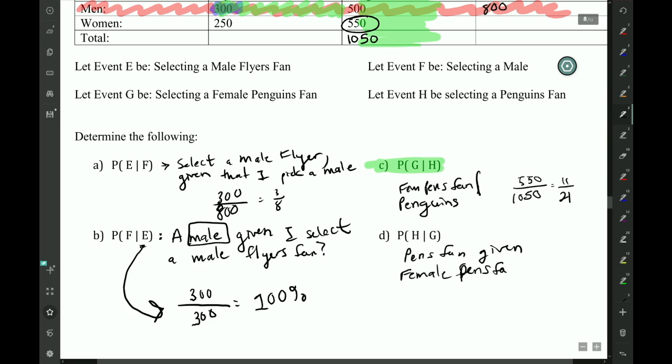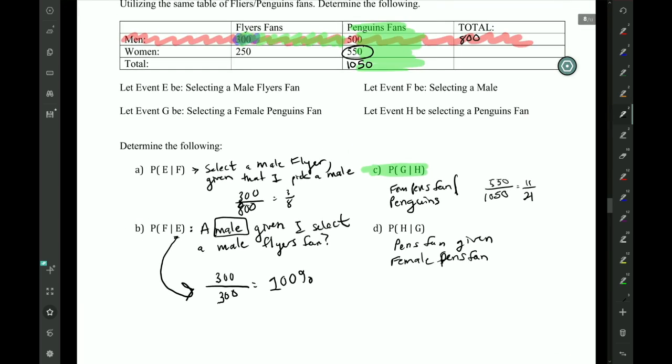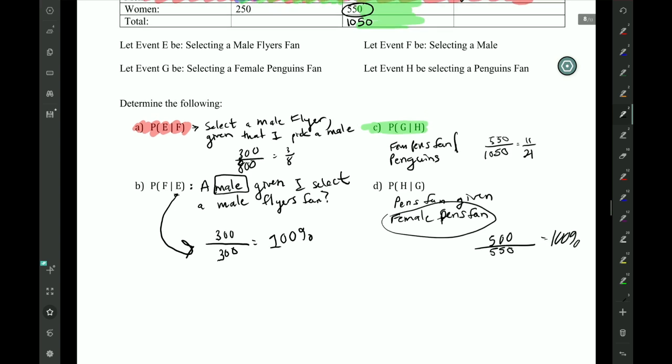And again, it's kind of counterintuitive that, well, if I select a female Pens fan, that means I already selected a 550. And if they're a female Pens fan, then they're already a Pens fan. So those ones there are kind of silly in that they end up being the same or 100%, but really the ones to focus on are the ones like A and C.